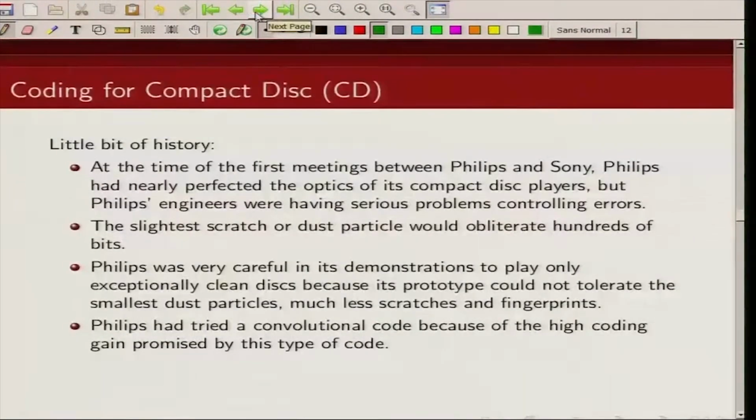Philips was trying a convolutional code to correct errors because of the high coding gain provided by that. But the problem is, this storage channel is like an erasure channel. If there is a scratch, neighboring bits get affected and the data there is erased. So convolutional codes are not good at correcting erasures, and that's why they were initially not successful.